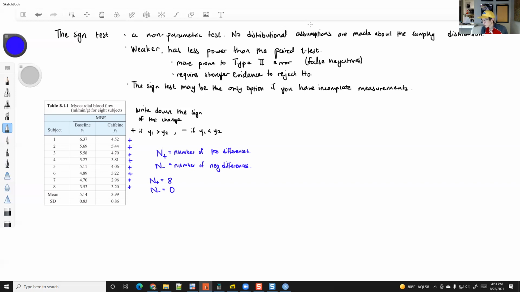Okay. And then what we'll do is go to the sign table to get the corresponding p-value. Let me actually write what the hypotheses are.